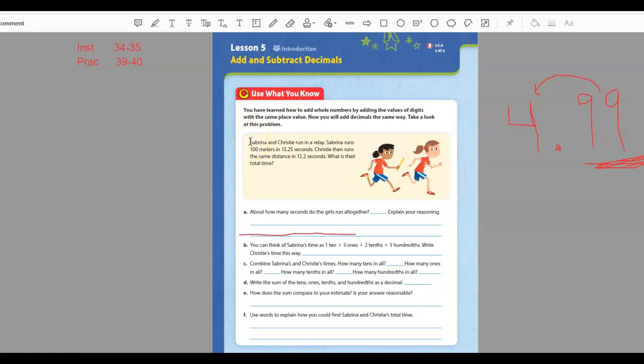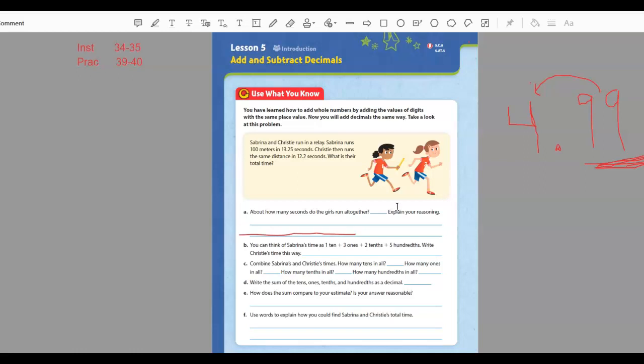Sabrina and Christy run in a relay, like a race, and I can see that they're racing using my clues here in the picture. Sabrina runs 100 meters in 13 and 25 hundredths seconds. Christy then runs the same distance in 12 and 2/10 seconds.